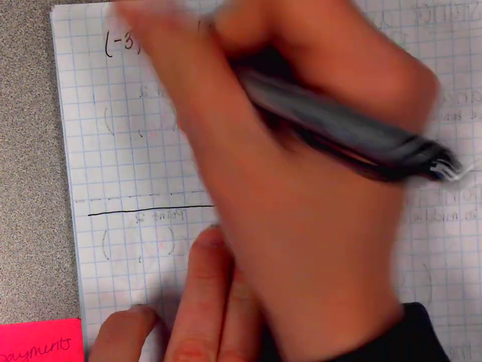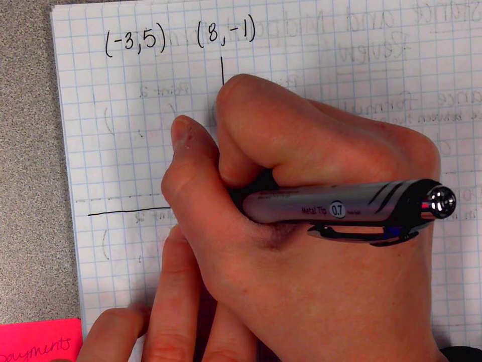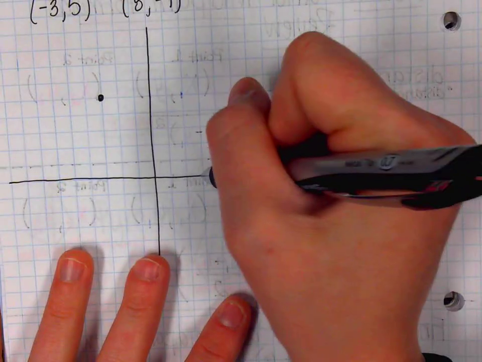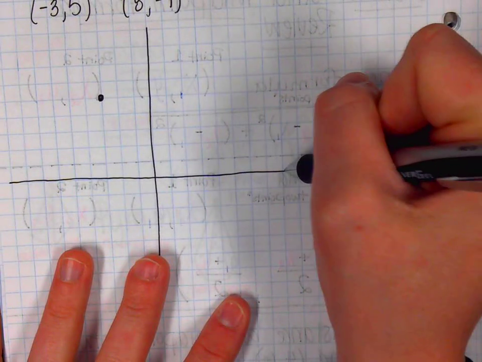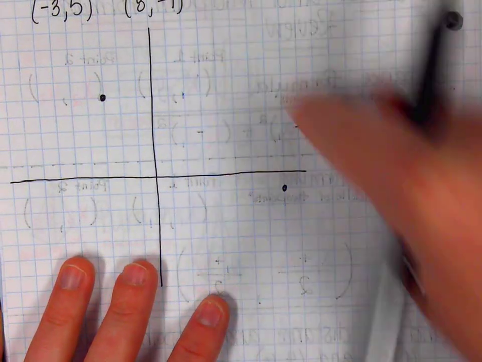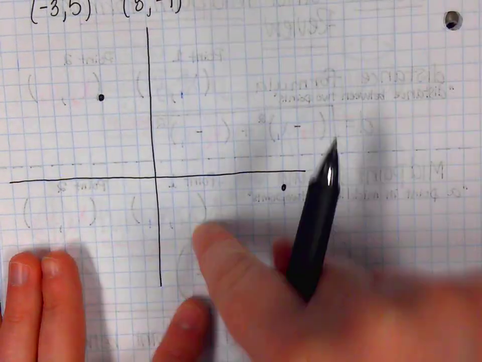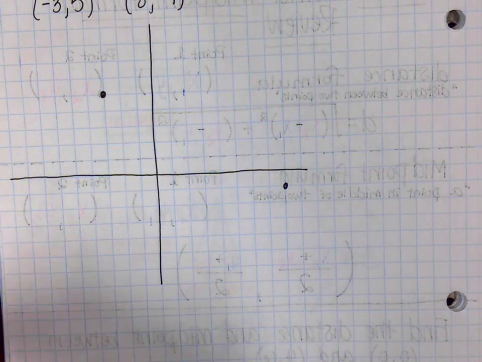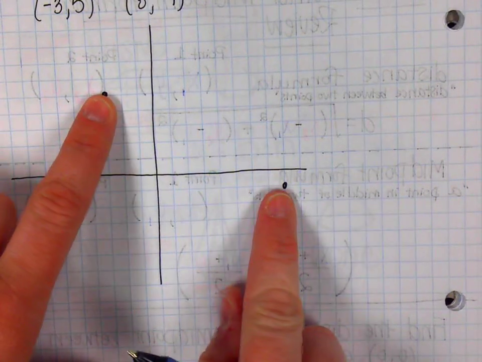So we have -3, 5, and 8, -1. Again, you could draw a circle around those 2 points, or that's what we're going to be working on. This one is a little bit harder to see.